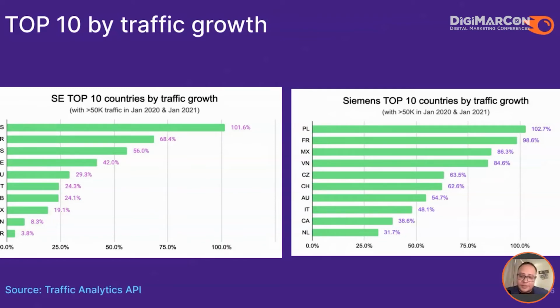Compare with the company called Siemens in these countries. The top that they have are Poland, France, Mexico. You can see Czech Republic as well. All these countries compared by traffic growth, overall traffic.